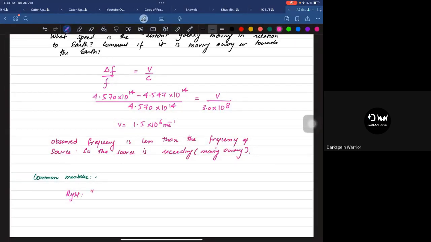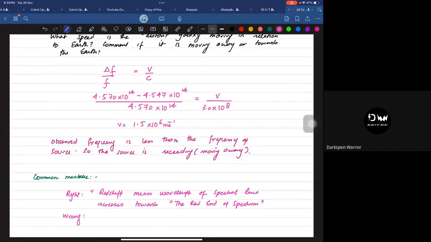Whenever they ask you redshift, you say redshift means wavelength of spectral lines increases towards the red end of spectrum. This is the right way to write. The wrong way, a lot of people write this just to save time, is that the line becomes red.